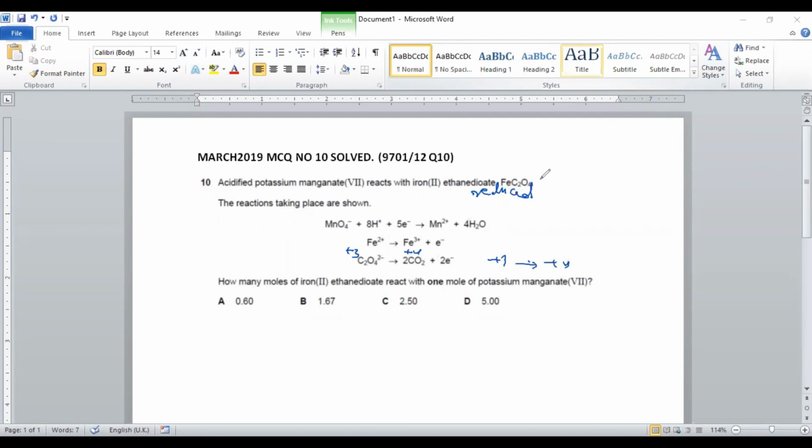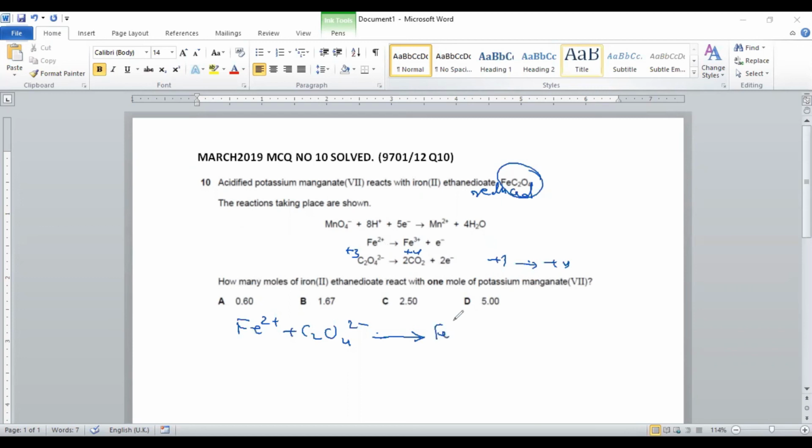So carbon is oxidized from +3 to +4 and iron +2 to +3. So in ethanedioate, two ions are being oxidized. First what we do, we add these two equations which are being oxidized. So the equation is Fe2+ plus C2O4 2- gives Fe3+ plus 2 carbon dioxide plus 3 electrons. We don't have to find out the oxidation numbers to solve this question.